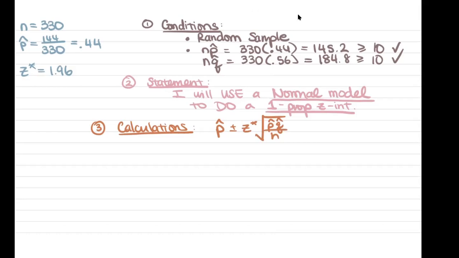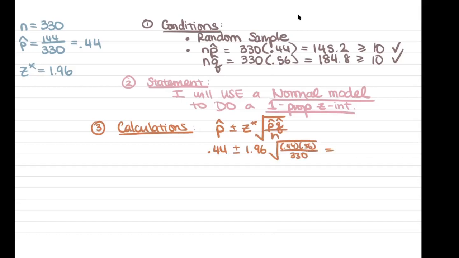P hat should be 0.44. Good. What's z star? Z star should be 1.96. Good. Keep going. It's 0.44 times the q hat, which should be 0.56, all over n, which is 330. Perfect. Nicely done, Evan.